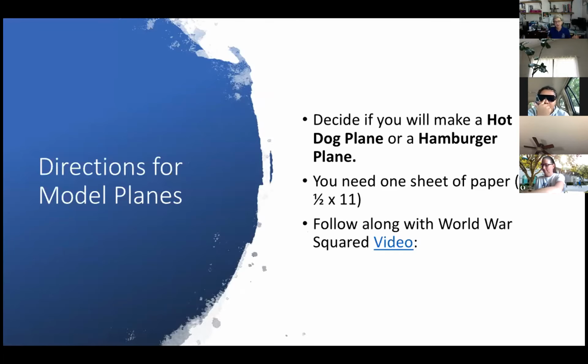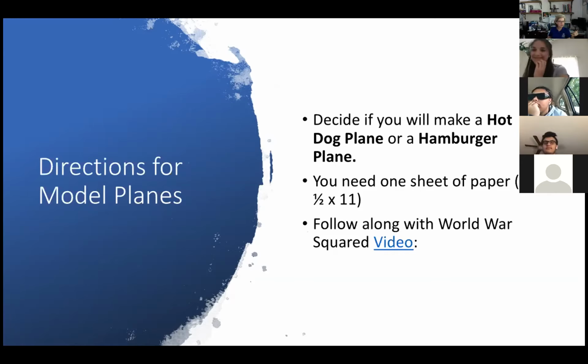The video shows you how to make the planes using just ordinary copy paper or notebook paper. So if you've got two pieces of paper, you can make two planes, one of each. Put in the chat if you're going to make both or just one, so that we'll know that we have everything represented.